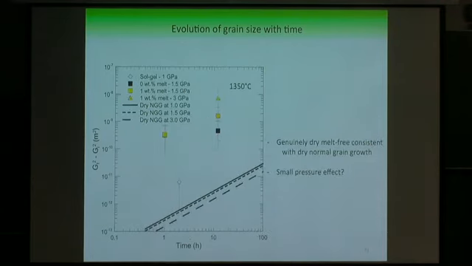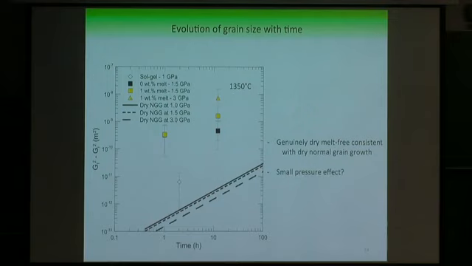Now, if I look at higher temperature, 1350 degrees Celsius, which was a condition under which I've annealed the salt gel sample, so the genuinely dry and melt-free olivine aggregate, we can see that it's relatively well fitted by the dry atmospheric grain growth equation.